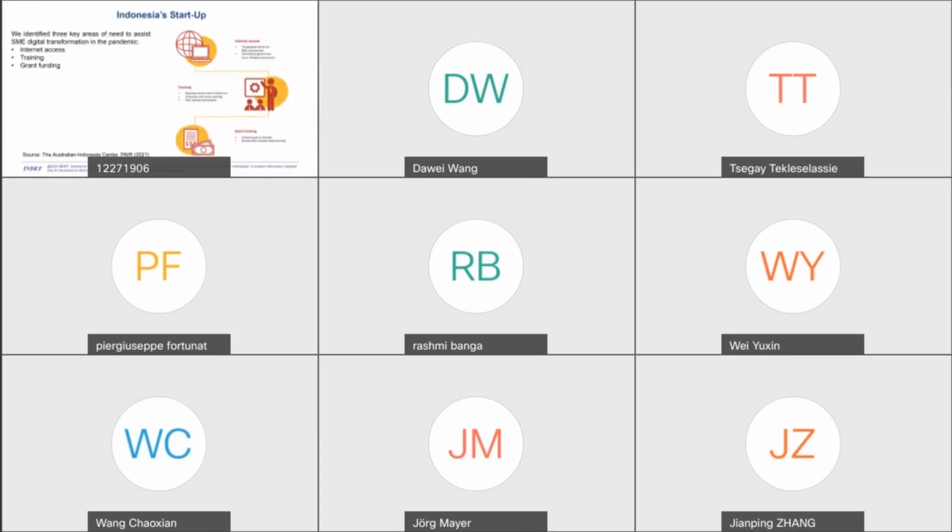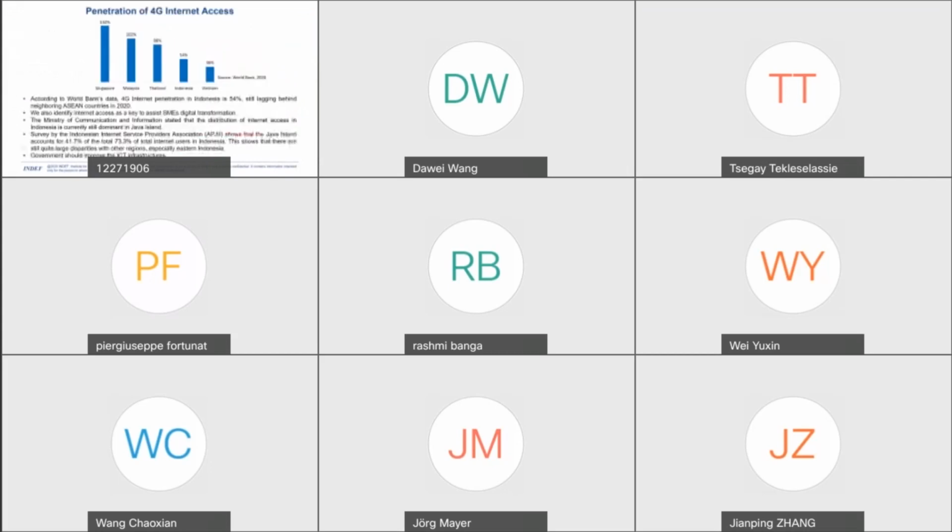If I may conclude, we can identify three key areas of need for SMEs to be digitalized. First, internet access. Second, training. And third, funding. We also have support from the penetration of 4G internet access.